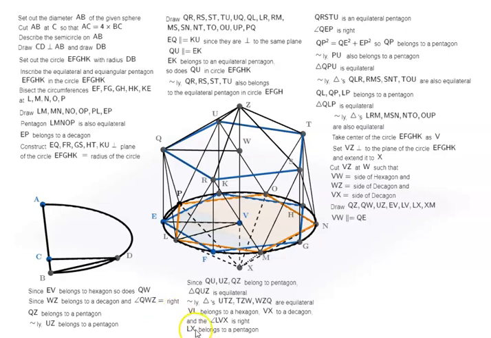That means LX belongs to a pentagon. Similarly, we can show that MX belongs to a pentagon. That means triangle LMX is equilateral. Similarly, we can show that triangles MNX, NOX, OPX, and PLX are all equilateral.